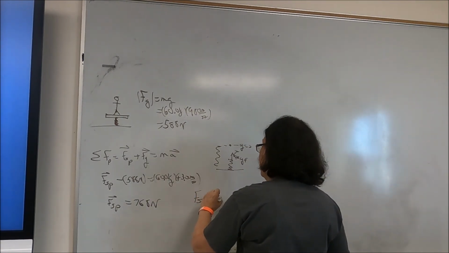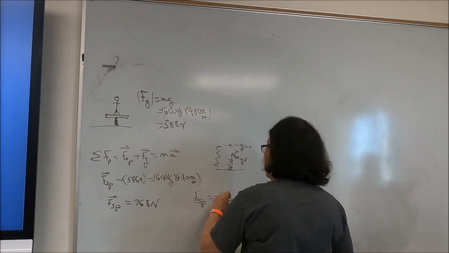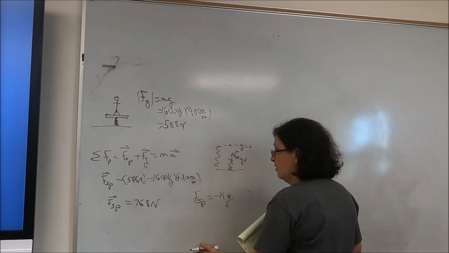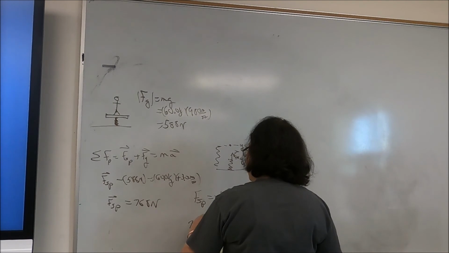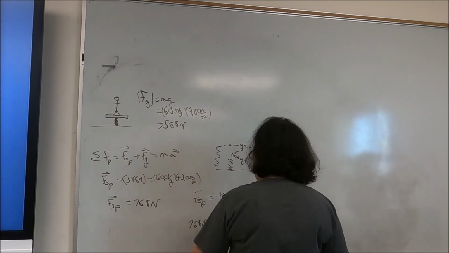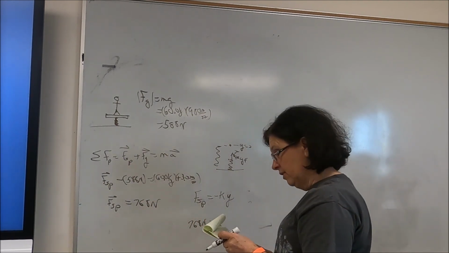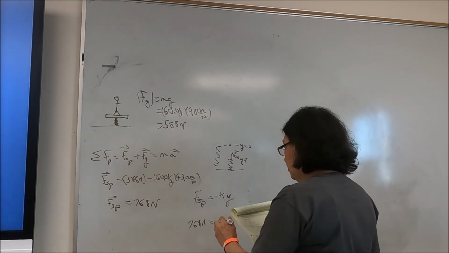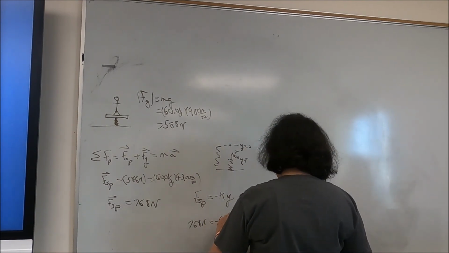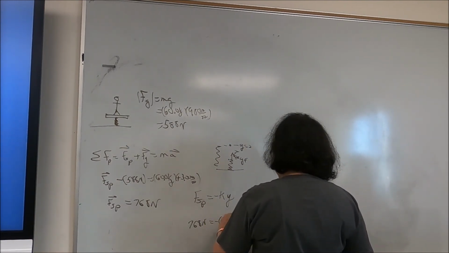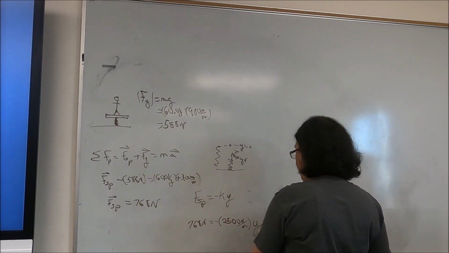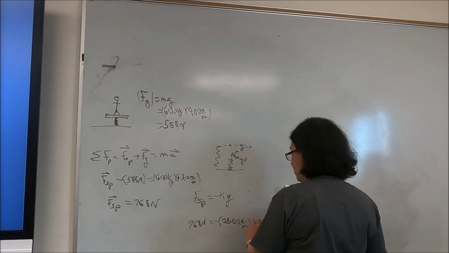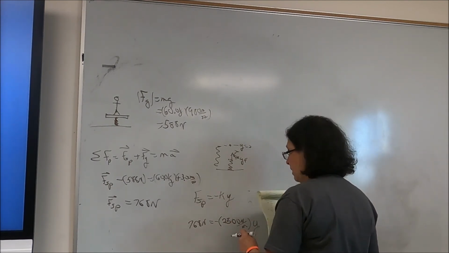Force from the spring is equal to minus ky in this case. So I have 768 newtons equals a negative, and the spring constant was given to us as 2,500 newtons per meter times y final, or I'll just say y.